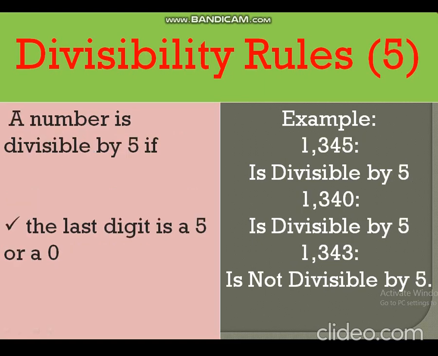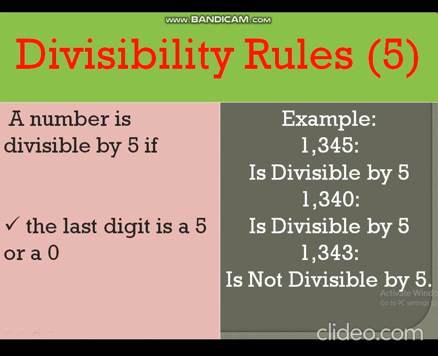Divisibility by 5. The rule is if a number ends in 5 or 0, the number is divisible by 5. Now, let us take an example. My number is 1345. As its last digit is 5, it is divisible by 5.